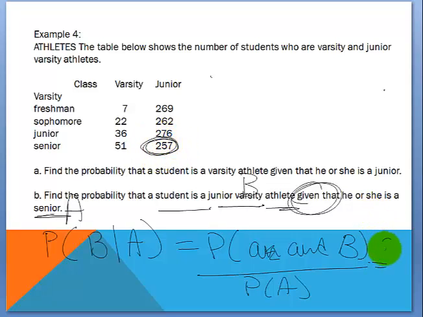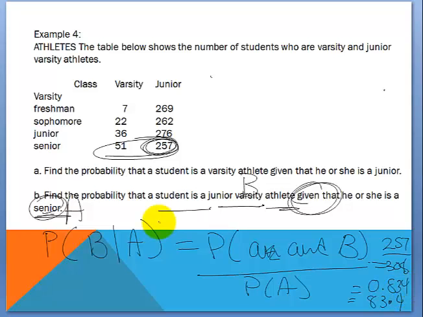We get 257 over A, which is the senior, so the senior class we add 51, we get 308. We divide that, we get 0.834, which is 83.4%.